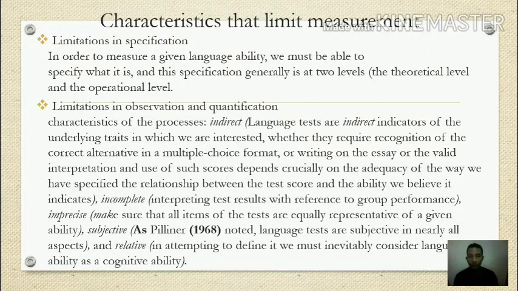The first, indirect, is language tests are indirect indicators of the underlying traits in which we are interested, whether they require recognition of the correct alternative in a multiple choice format, or writing on the essay, or the valid interpretation and use of such scores depends crucially on the adequacy of the way we have specified the relationship between the test score and the ability we believe it indicates.